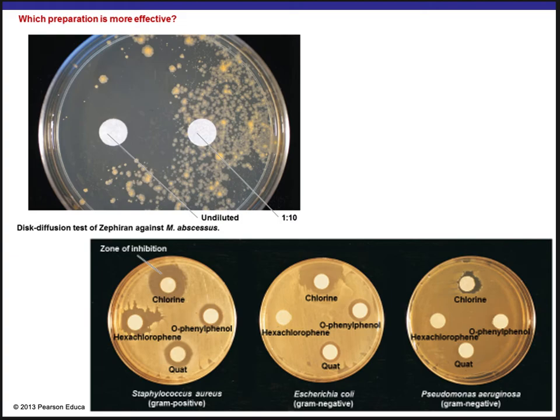Also want to remind you that it's a diffusion, right? So the most concentrated of the chemical is on the disc, and then it's going to diffuse evenly in all directions, and so you get less and less and less of the chemical the farther you go away.